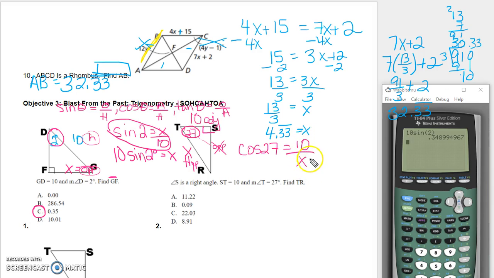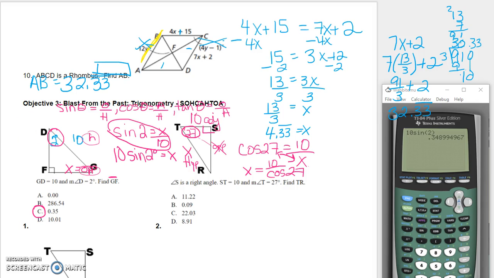It's adjacent over hypotenuse. Now, when we did these originally, when the X is in the bottom, I told you to go ahead and switch places with the trig function. So X is really equal to 10 over the cosine of 27.